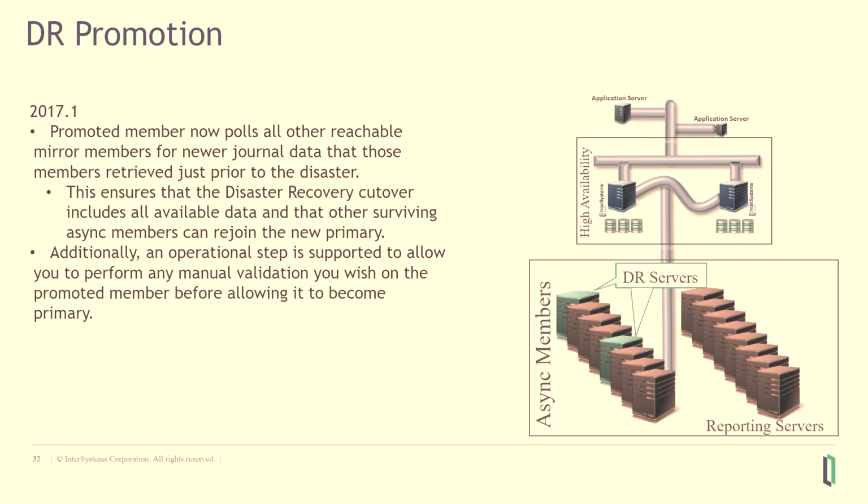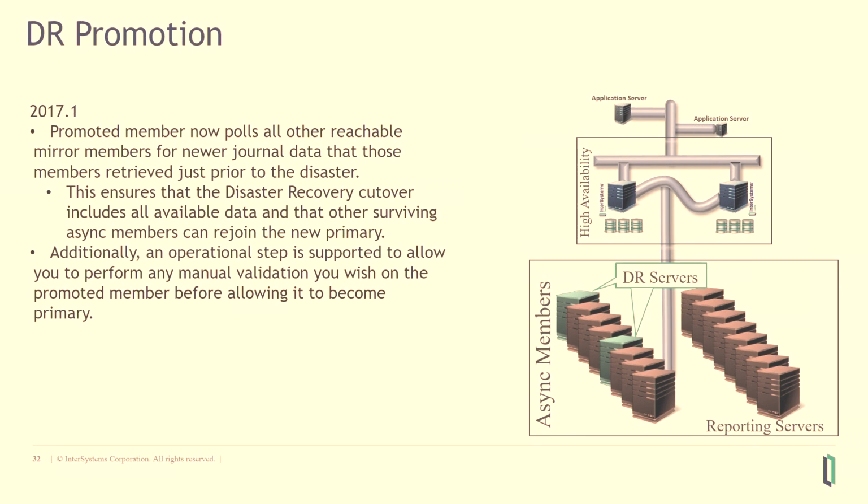So now in 17.1, if you are cutting over to the DR in a true disaster where you can't contact the primary, it will now contact other async members to see if they got more data. So if, say, your primary data center is out completely, but you have maybe a reporting member in another data center and a DR member, and maybe the reporting member got more of the data before the disaster event than the DR got, now the DR will pick that up before becoming primary, just to make sure everything stays as up to date as possible and in sync.